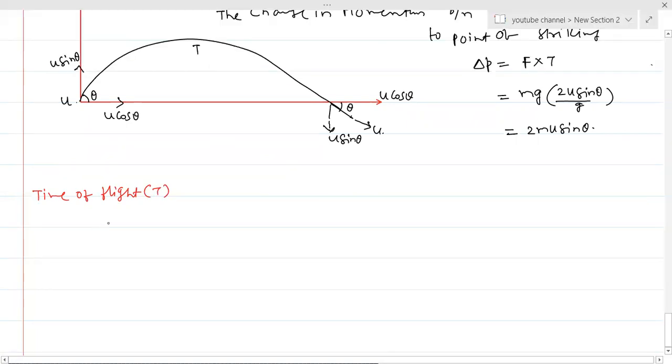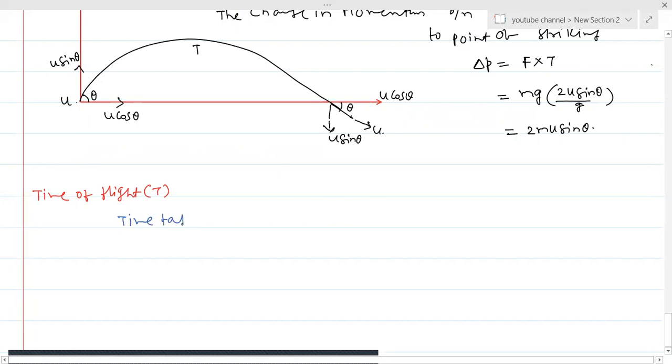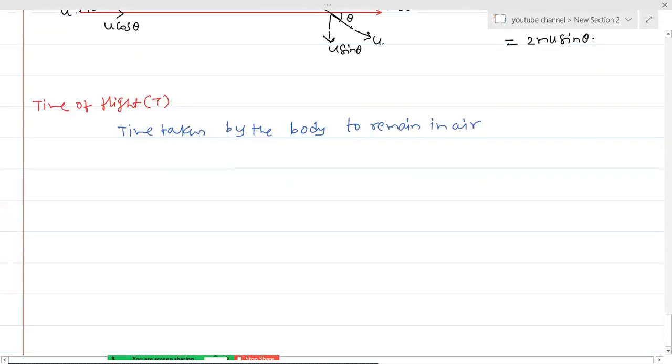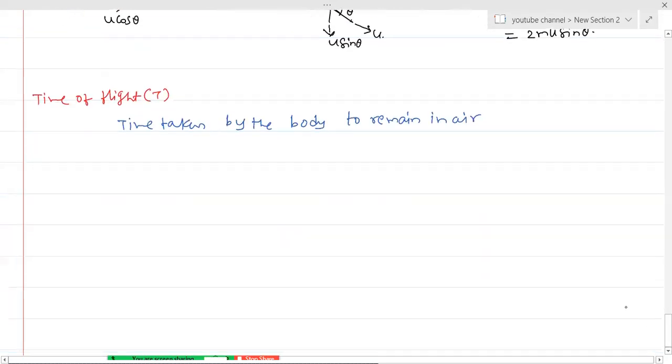According to the definition, time of flight means the time taken by the body to remain in air. That means the body will again reach the same level.